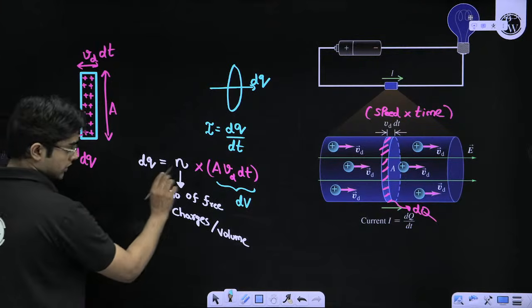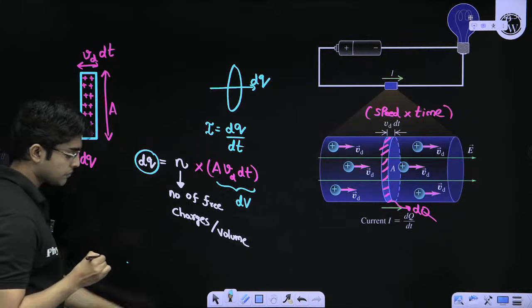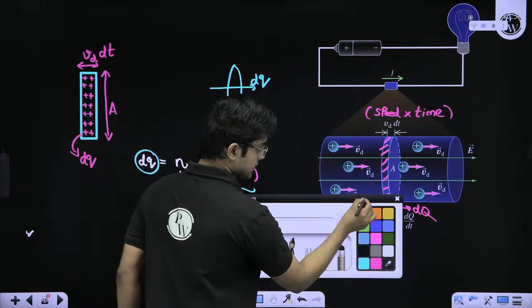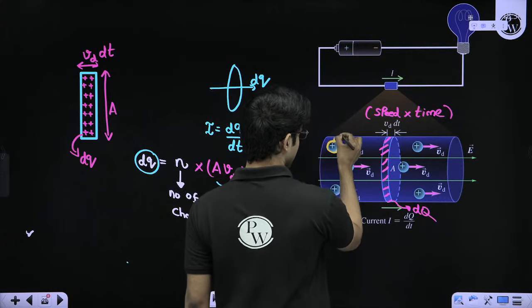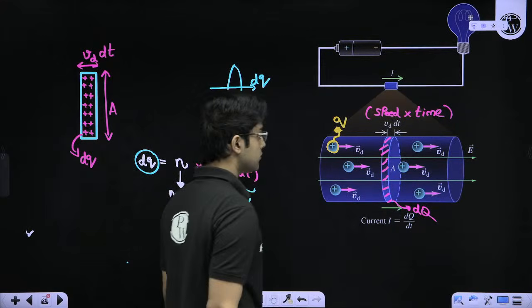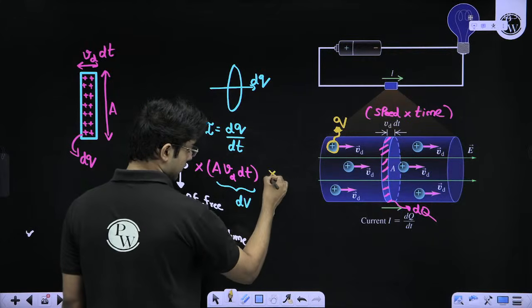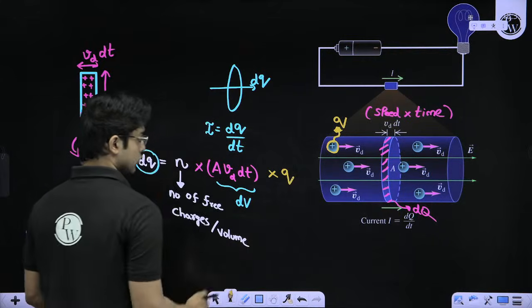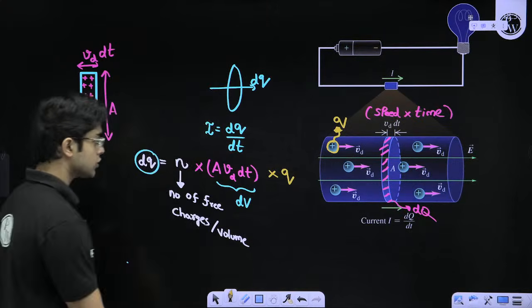But I don't want the number of charges, I want the magnitude of charge inside. So in this case where we have the positive charge, the charge of one positive charge is Q. So I'll just multiply with Q here. This is the total number of charges multiplied with the magnitude of one charge.